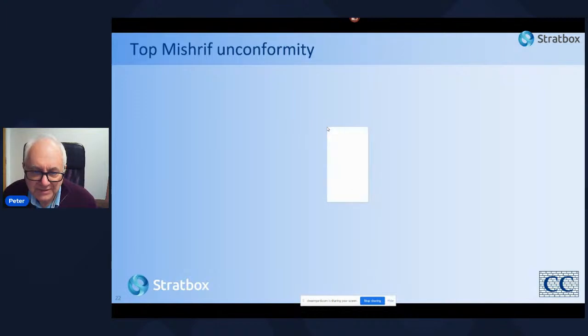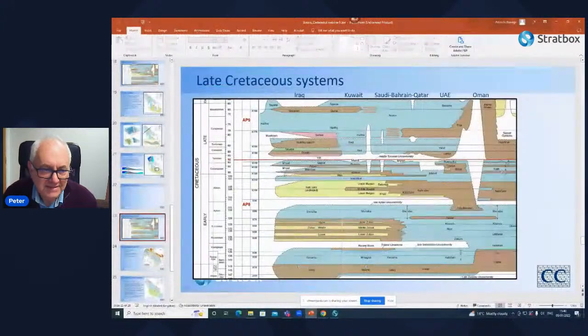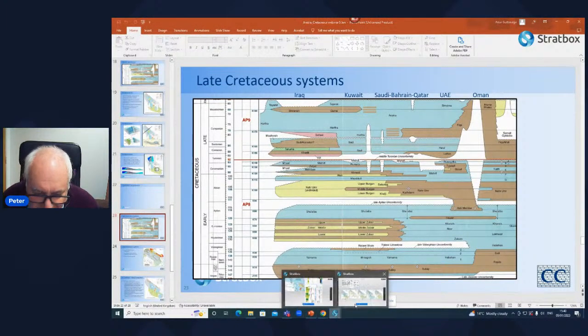So I want now to have a look in a bit more detail at the top Mishrif unconformity, which means going back to Stratbox.